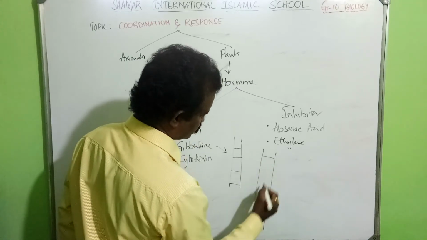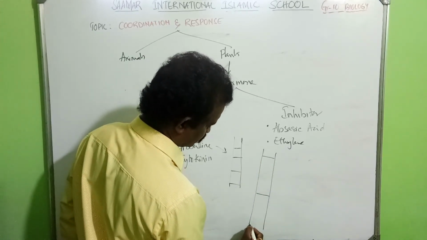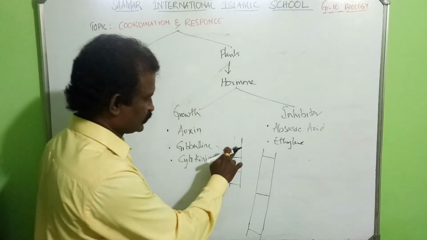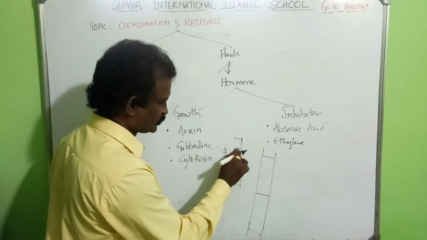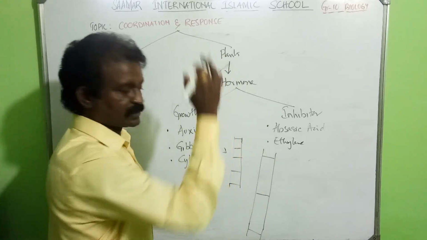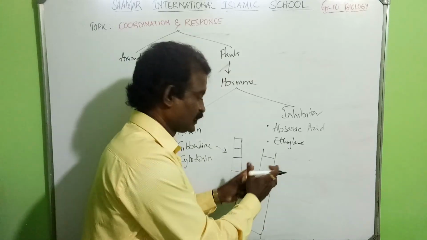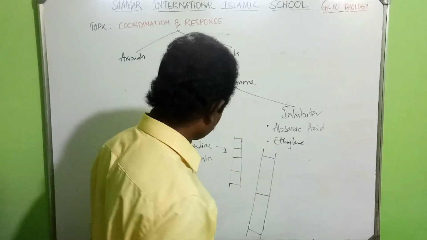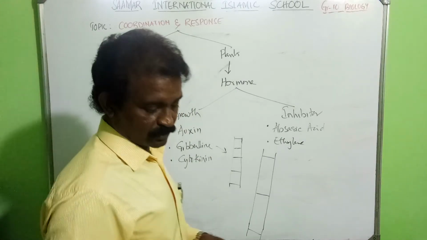That means you can see the nodes are at different levels, so the productivity is increased. Here you see the nodes are very close in sugarcane, but when you use gibberellin, the sugarcane increases in size, the juice also increases, and you get more yield. These are the growth hormones.